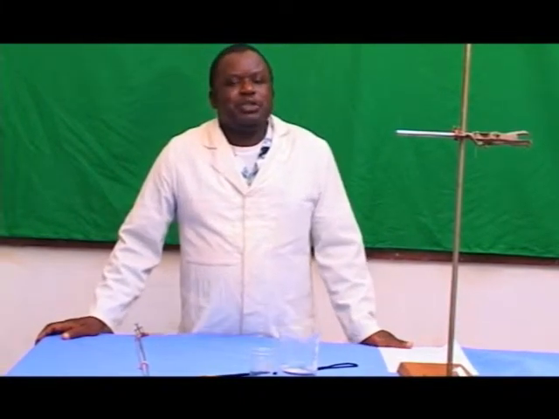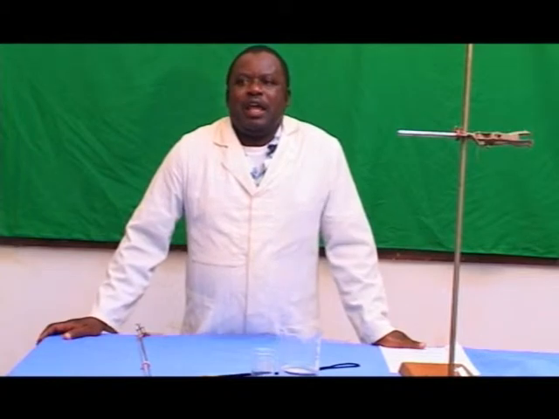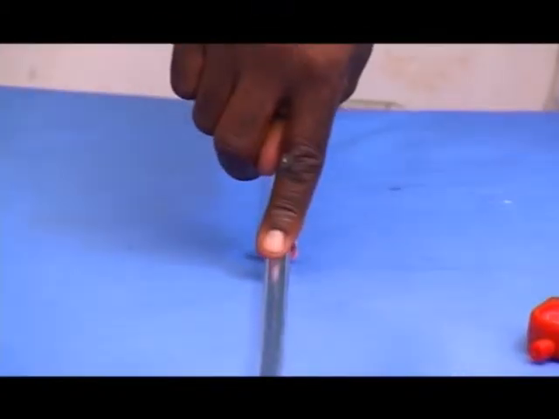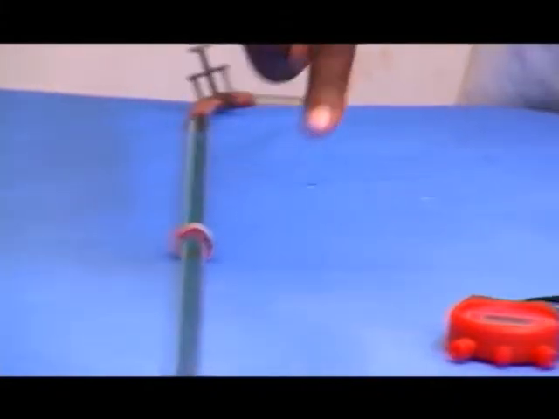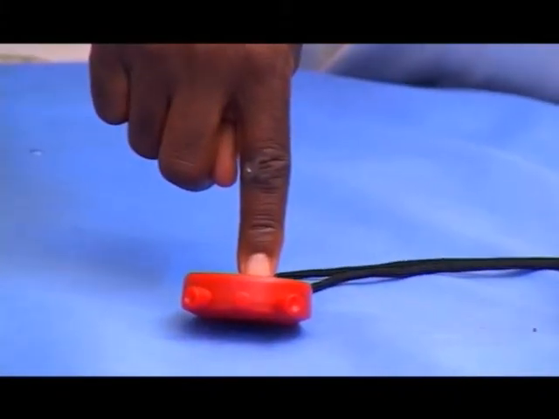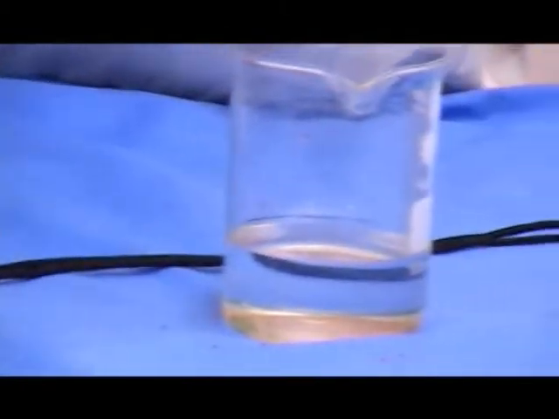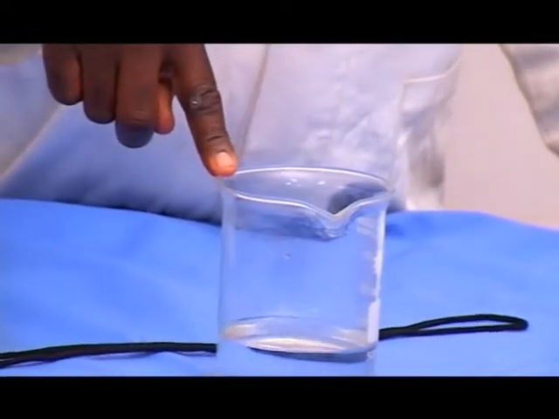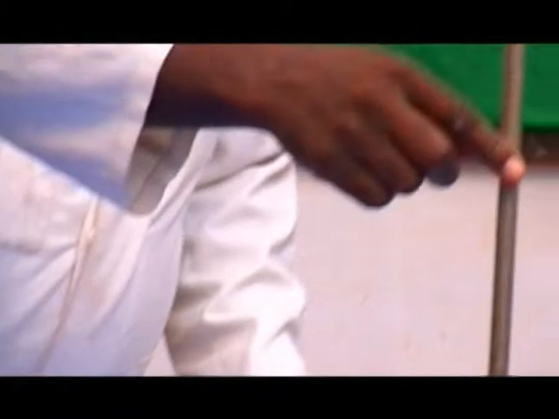The aim is to demonstrate half-life by using water and a burette. Requirements: burette, stopwatch, beaker with water, retort stand.